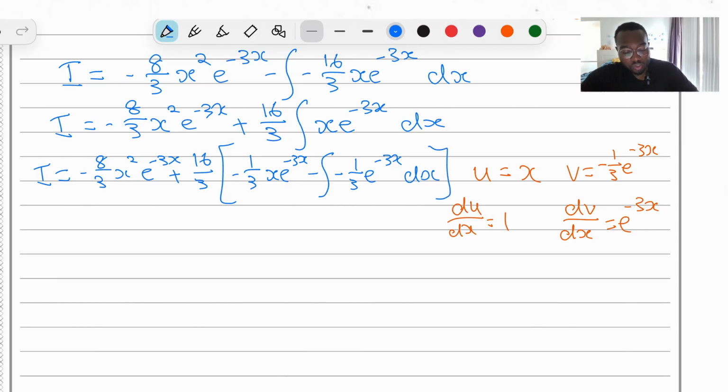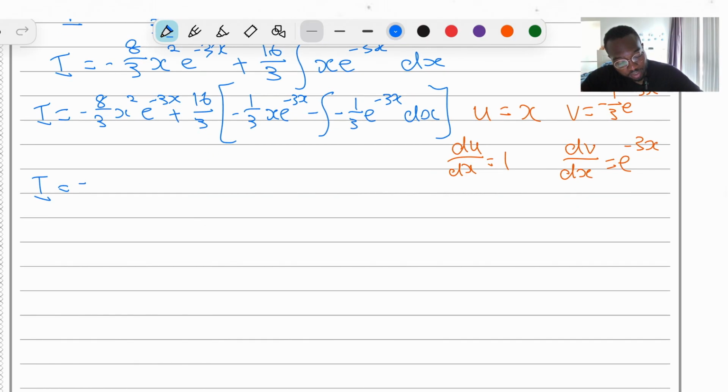Okay, so now luckily we know that, we just need to integrate one more time and then we are done. So if I clean this up again, we get a minus 8 over 3 x squared e to the minus 3x, plus the 16 over 3 times the minus 1 over 3 x e to the minus 3x.